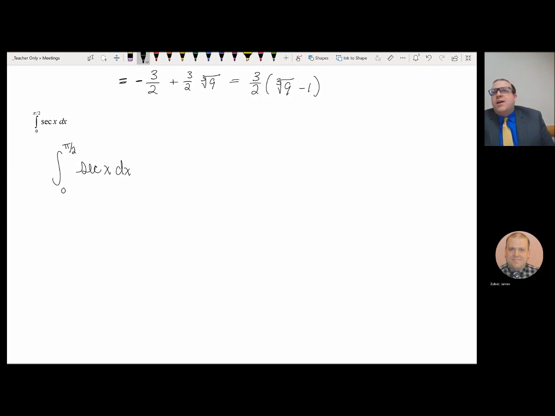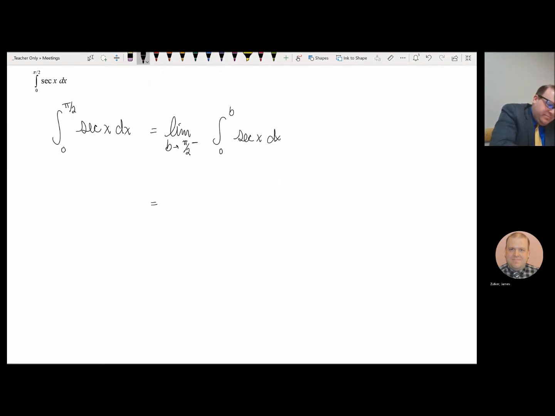Secant of pi over 2 is undefined. So we're approaching pi over 2 from the left. What is the antiderivative of secant?